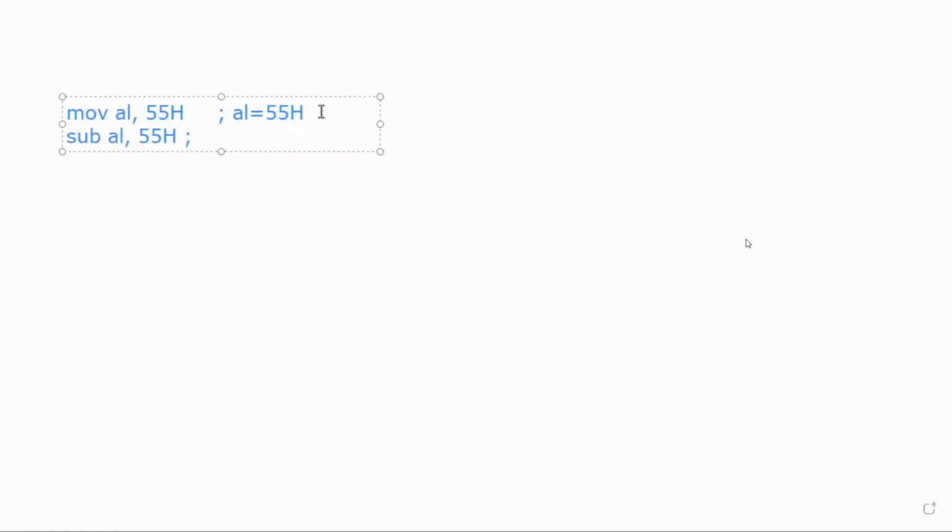And when AL equals 55H, the value of the zero flag register is 0. Okay. Now the next operation is a subtraction operation. So we are going to subtract 55H from 55H. So after this subtraction, the result will be 0. And we know that if the result of any operation is 0, the value of the zero flag register will be 1. So after this subtraction operation, the zero flag register equals 1.